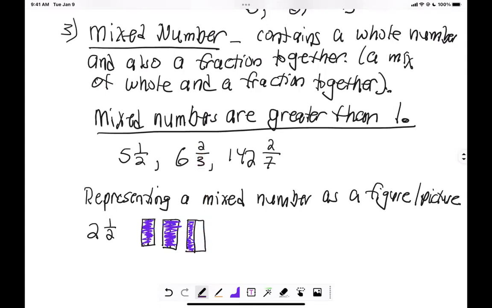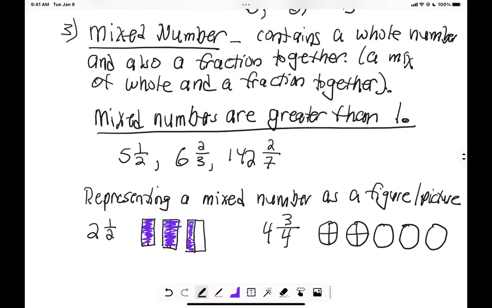It could be any kind of picture that you want to draw that represents your fraction. How can I represent 4 3/4? Well, let's do circles. 1, 2, 3, 4. I need 5 because I need 4 plus a little bit, right? So I'm going to make them all into 4 pieces.